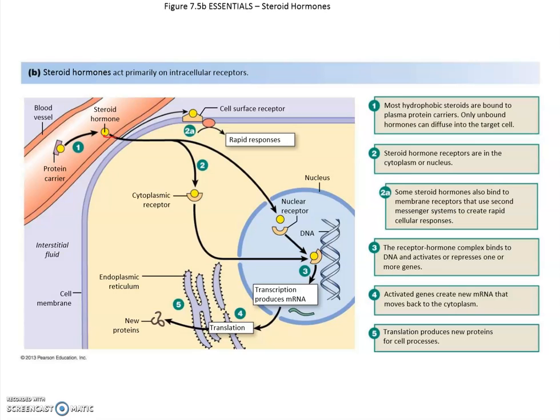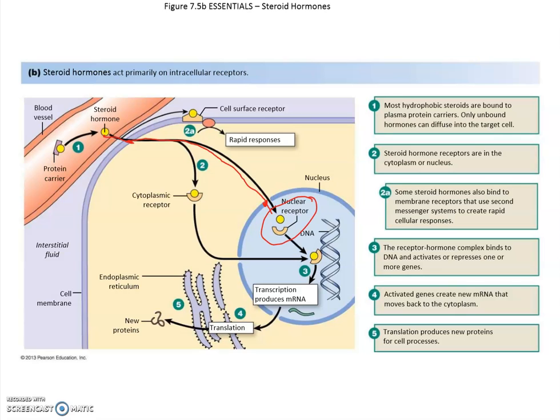So we're going to cross the phospholipid bilayer of the plasma membrane, no problem here. We're going to follow along here, this arrow, and go directly into the nucleus. That is what I want you to know. So in the nucleus, we're crossing here the phospholipid bilayers of the nuclear envelope, no problem there, free diffusion, and we're going to bind to a nuclear receptor.